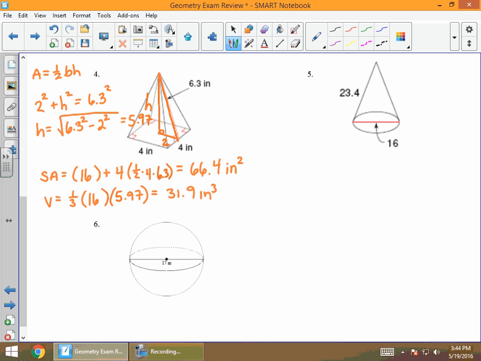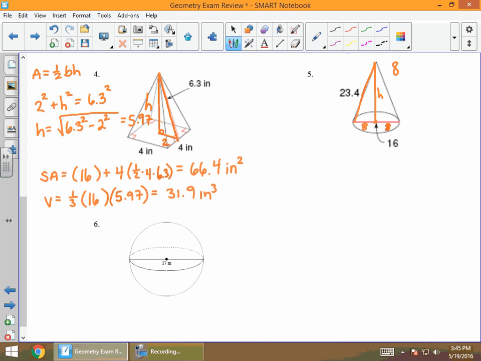All right, as I take a look at question number 5 again. The diameter is 16, so we have an 8 and an 8. What is this height? I don't know, but I know the slant height here is 23.4, so I'm going to use the Pythagorean theorem again.